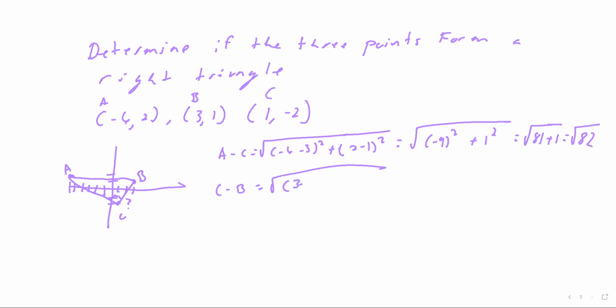So now it's going to be 3 minus 1 squared plus 1 minus -2 squared, but a minus a negative produces a positive. 3 minus 1 is 2 squared. 1 plus 2 is 3 squared. 2 squared is 4. 3 squared is 9. 4 plus 9 is, okay, I just thought of an easier way than what I was thinking in my head. So this is what we're going to do next: let's go ahead and find the distance of A and B.